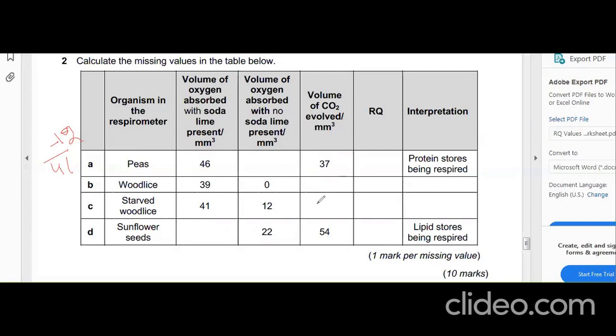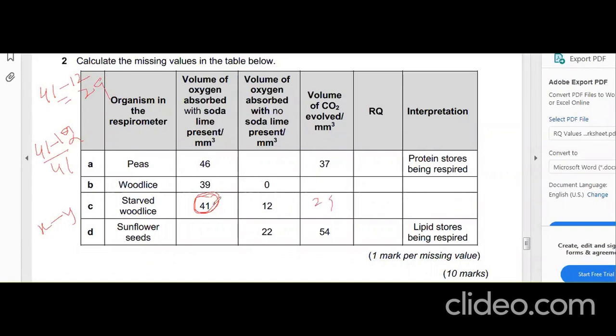We know the volume of carbon dioxide evolved is equal to X minus Y. The Y value is 12 and the X value is 41, because the volume of oxygen equals the volume of carbon dioxide. So 41 minus 12 should be 29. You can put 29 here.